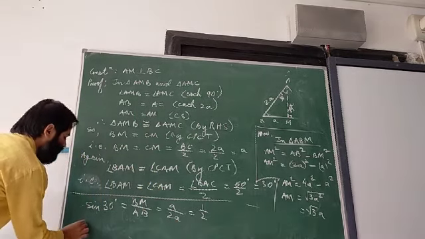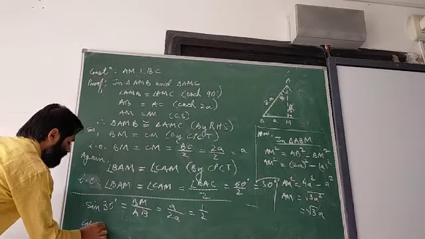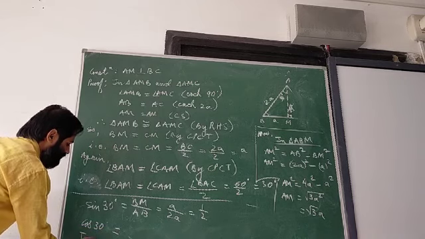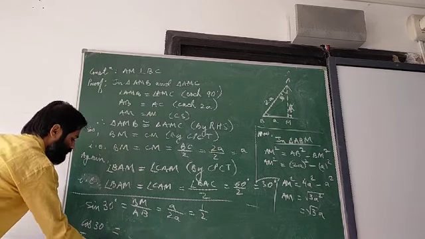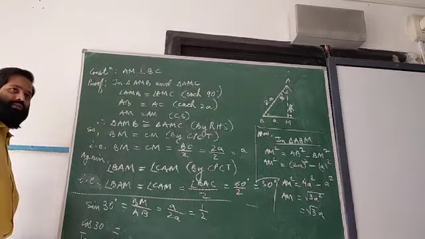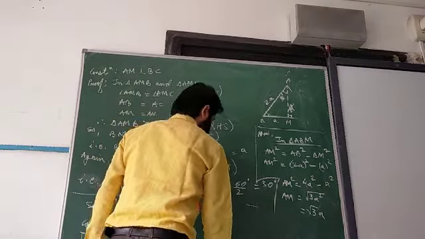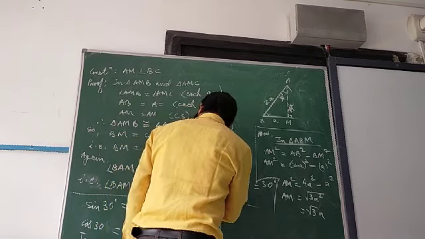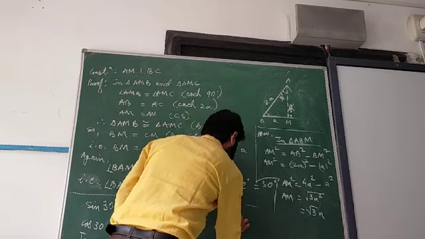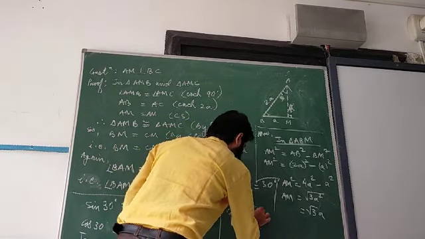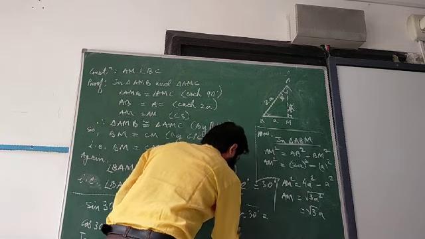Now you can write cos 30, same way tan 30. Then cosec 30, sec 30 and cot 30. Sine, cos, tan, cosec, sec, cot. Find the value, you know how to find.